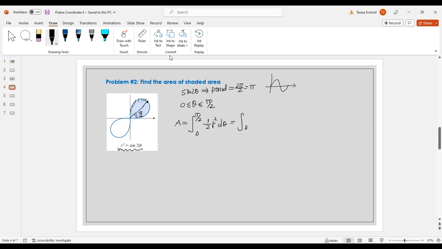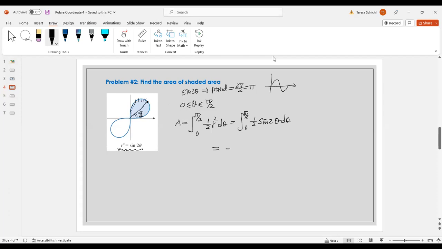My r squared is sine 2 theta here. Since they already give you r squared equals sine 2 theta, I just do the sine 2 theta d theta here, right? And then you can directly integrate that.